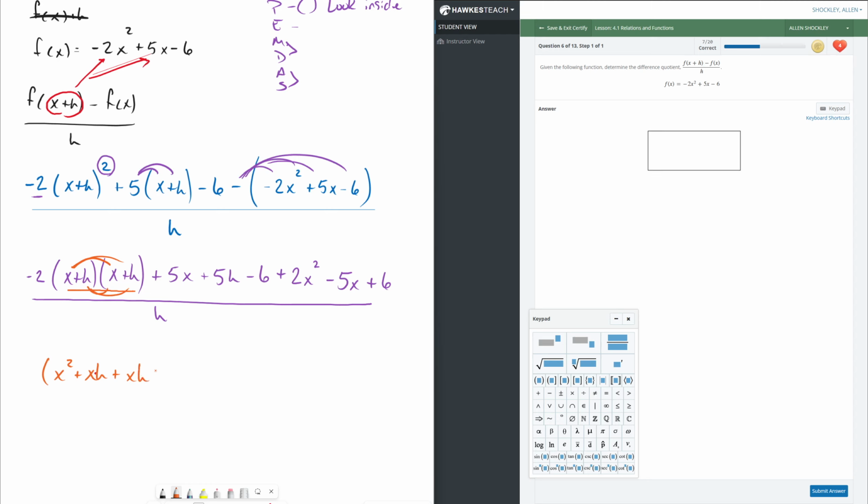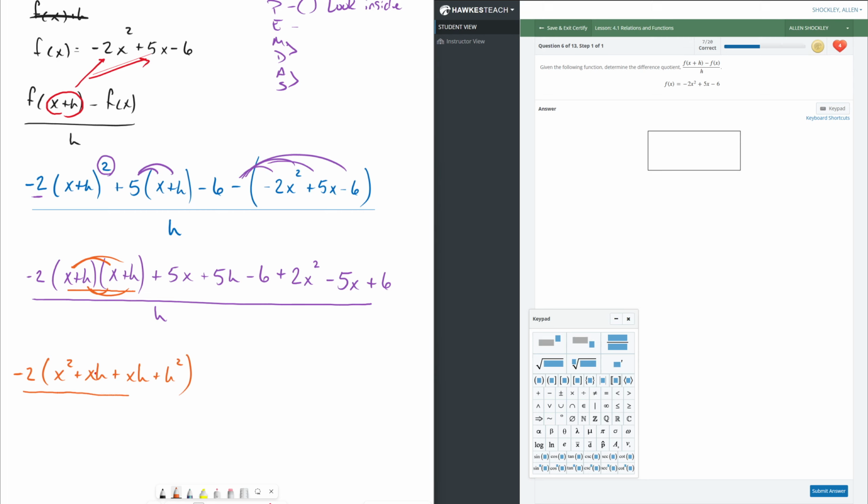Then h times h is a positive h squared. I did that in parentheses because, again, that square happens first. I want that multiplication to occur first. Then I can worry about this negative 2 up front.